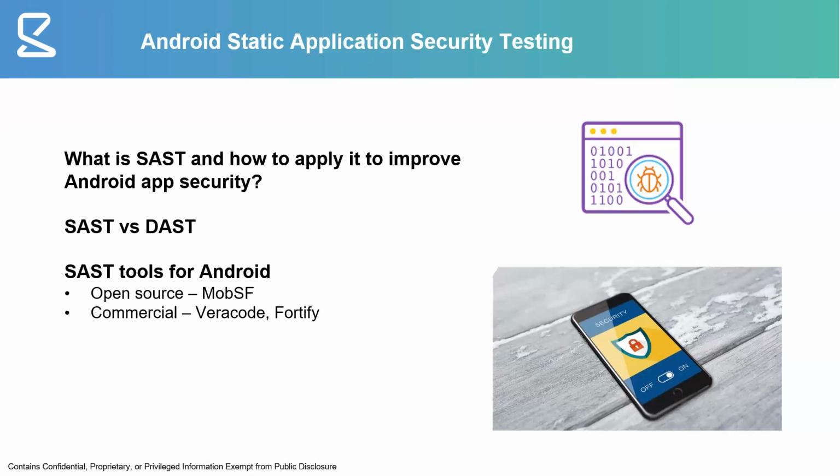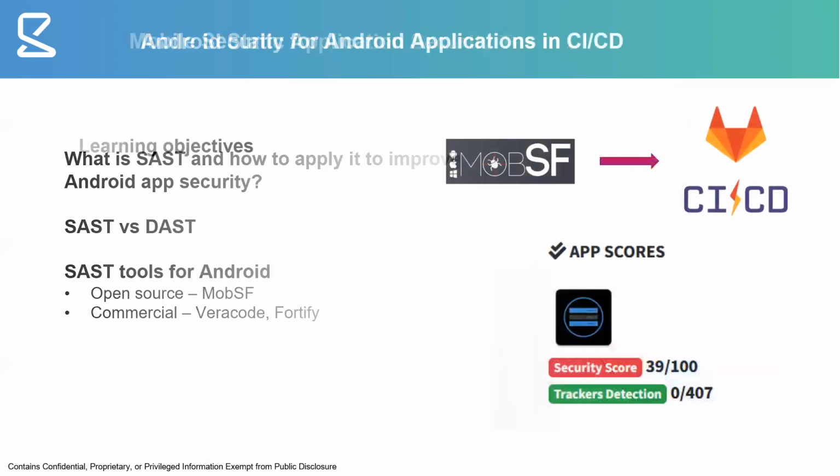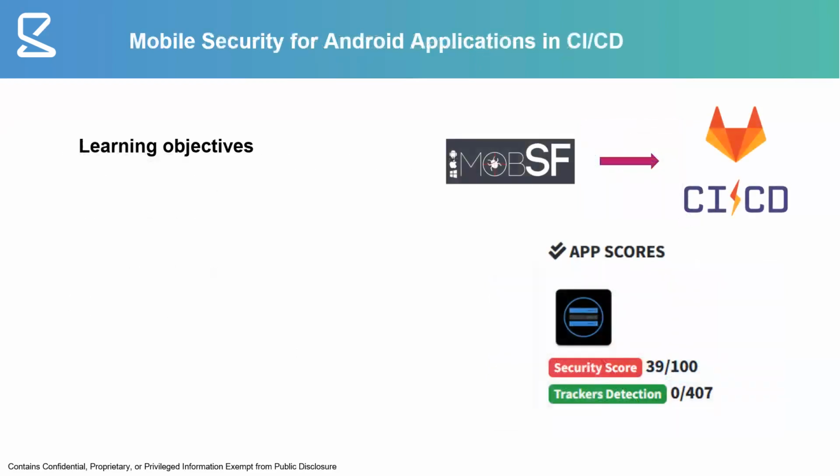And if you want to learn more about SAST, then you can dive into our mobile security course for Android apps, the mobile security for Android apps in CI/CD pipelines course. You will dive into the fundamentals of SAST scanning an Android application and then analyzing the report that it outputs.